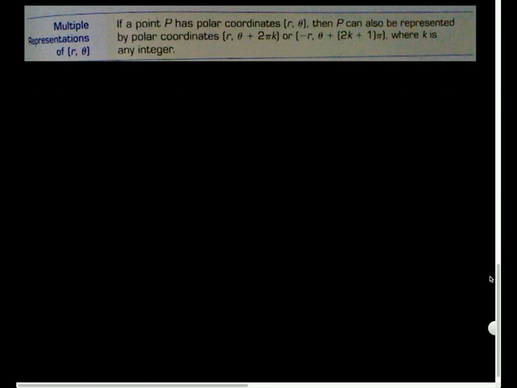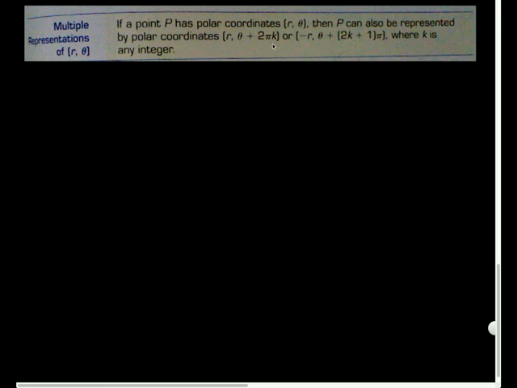If a point P has polar coordinates r comma theta, then P can also be represented by the polar coordinates r comma theta plus 2 pi k. So 2 pi is equivalent to 360 degrees, or 1 full revolution of a circle. And then k is just some multiple. It says later that k is any integer.